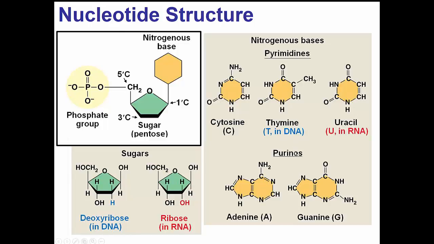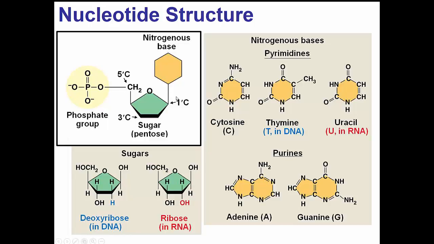And these can be separated into the pyrimidines and the purines. The pyrimidines are single ring structures, whereas the purines are double ring structures. And it's important to note that purines can hydrogen bond with pyrimidines, and we'll talk more about that in a second. So the nitrogenous bases were our first piece.